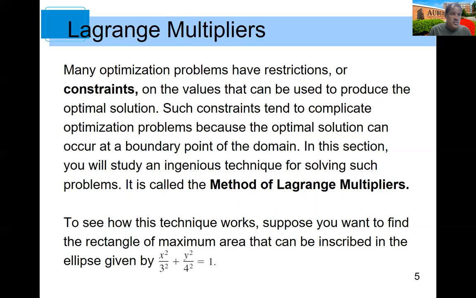You may say we must have x plus y less than or equal to 10. That may be another restriction. So we will put restrictions on a given problem. That is what we are going to face. The method to solve such problems is called the method of Lagrange multipliers.